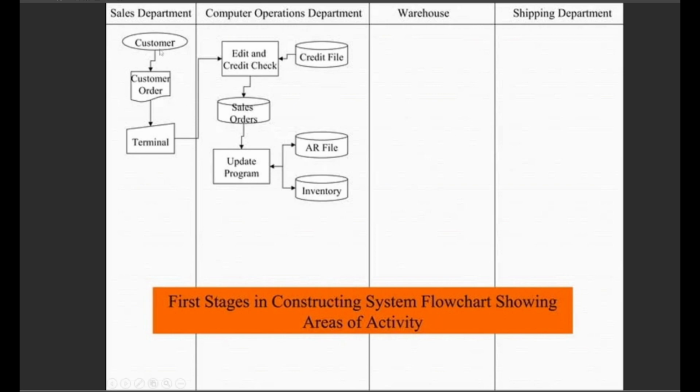So the customer talks with the sales department and gives his customer order document, and that will be typed in on the terminal. Once entered in the terminal, which is the computer itself, it is given for processing to the computer operations department. They will edit or check the credit of the customer. So they will rely on the credit file or the records of the customer.